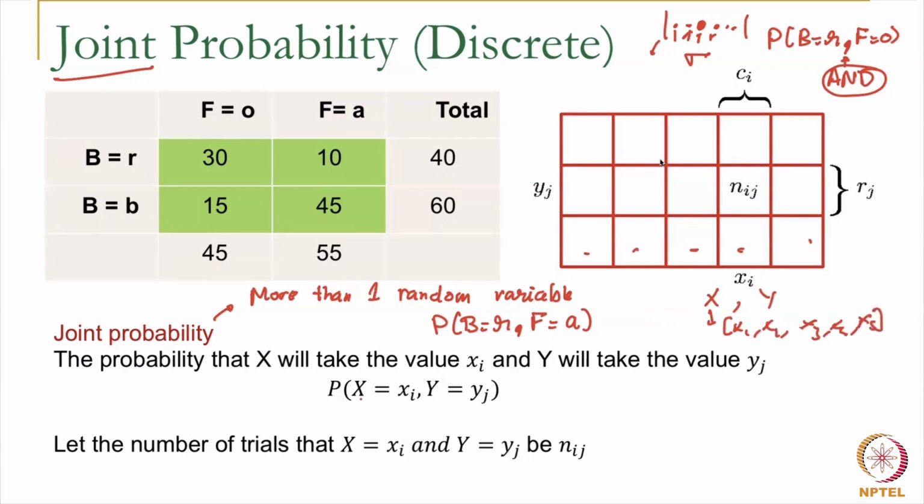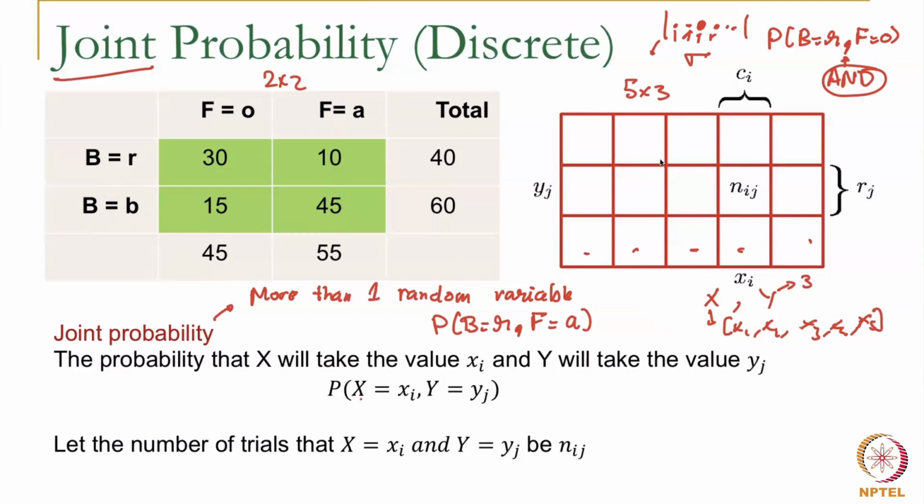Let's say it's a 5-sided dice and you're throwing and you could get the number 1, 2, 3, 4, 5. And similarly, Y has 3 possibilities. In that case, here we had a 2 cross 2. Here we would have a 5 cross 3 because X has 5 possible values and Y has 3 possible values. We are just generalizing this to a generic picture.